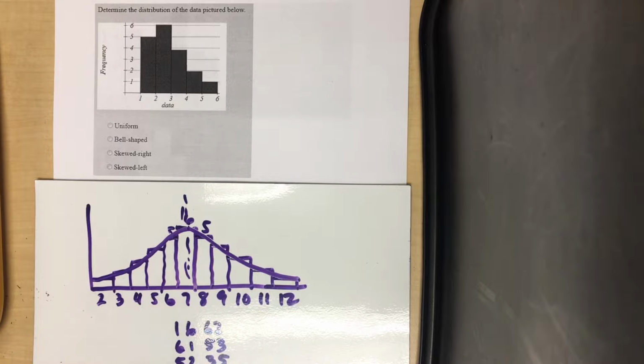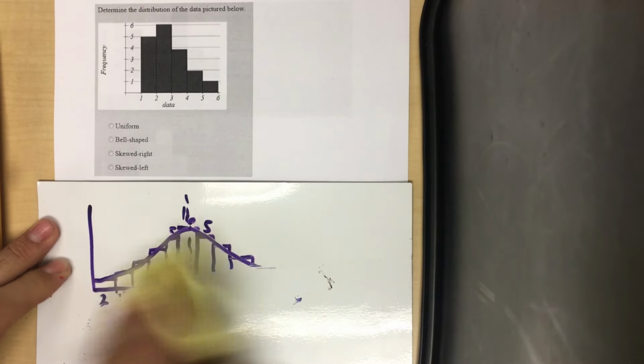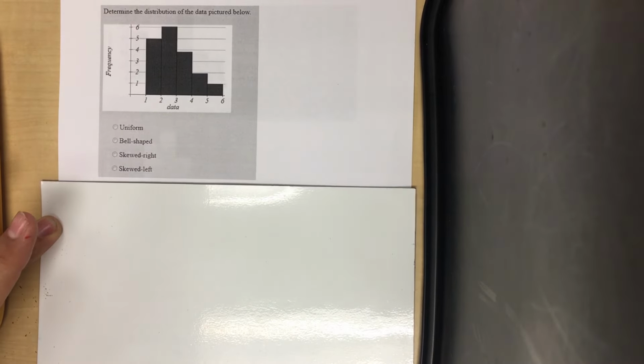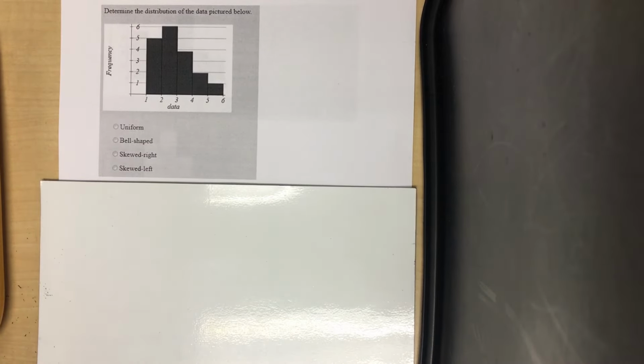Skewed right is when you've got a distribution that has a lot of data in one end and then this long tail hanging off the other end.